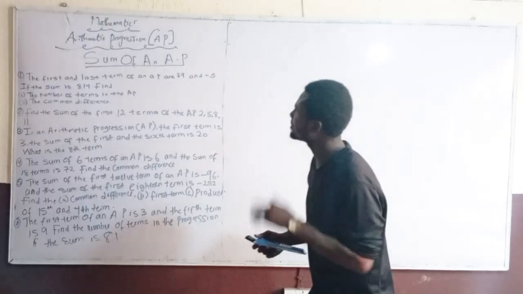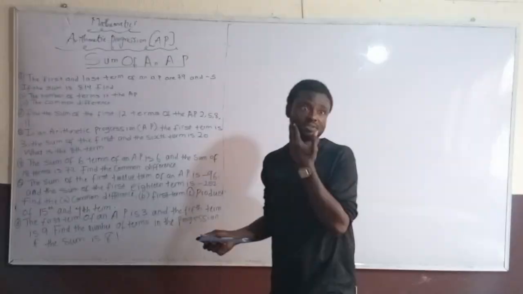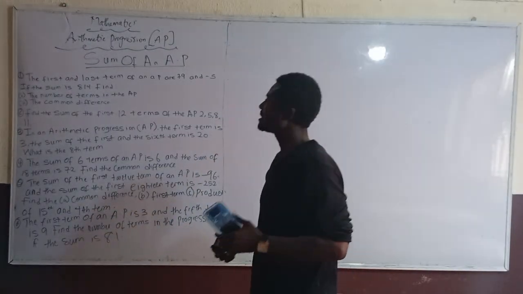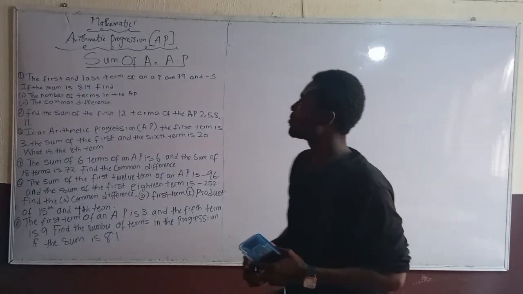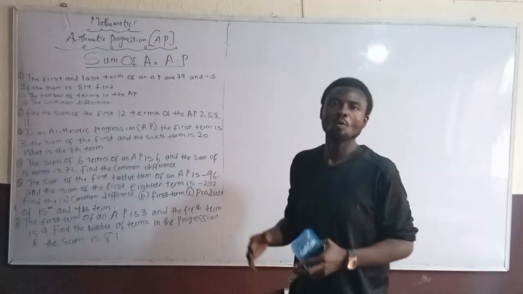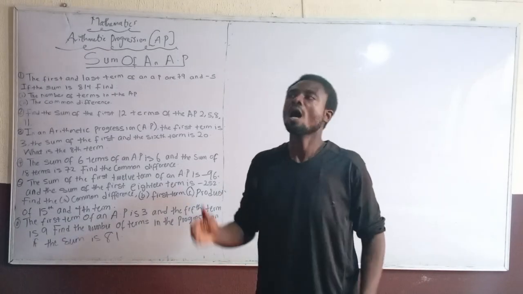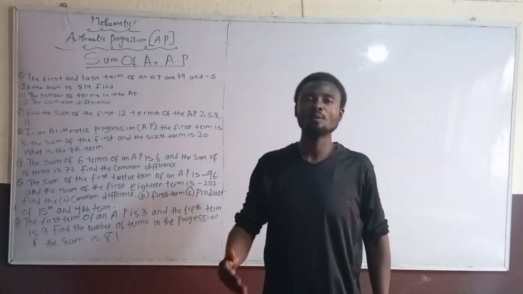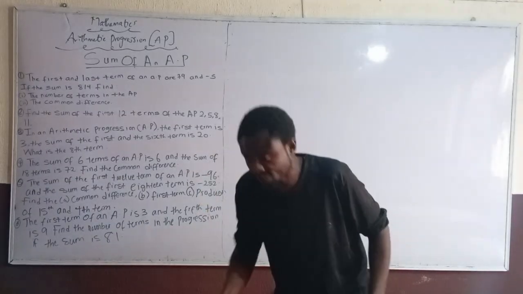So we are done with this part, which says unknown a and d resulting to simultaneous linear equations. Sum of an AP. This is the last part of AP. There are two formulas for the sum of an AP. We have the formula for sum when you are given first and last term only, and the formula for sum when you are given first term and common difference.